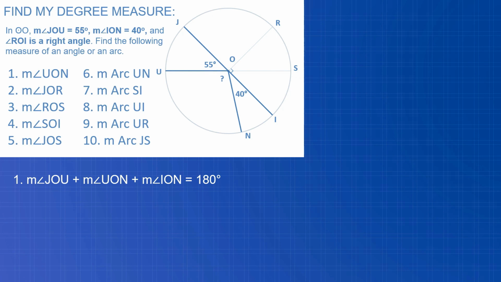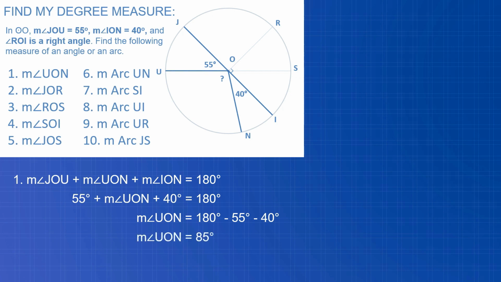Substitute the given values and then simplify. 55 degrees plus the measure of angle UON plus 40 equals 180 degrees. Use subtraction property of equality, we have 180 degrees minus 55 degrees minus 40 degrees. Simplify, we'll have the measure of angle UON equals 85 degrees.